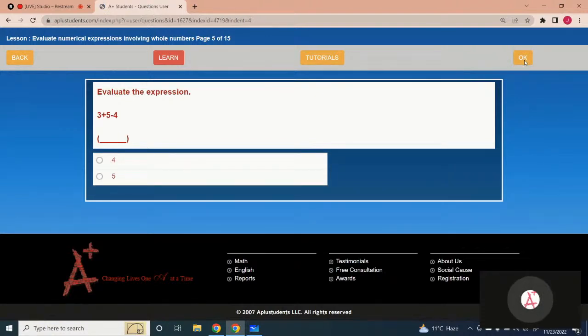Okay, the next one is 3 plus 5 minus 4. So addition and subtraction are on the same level. You can start from left to right.